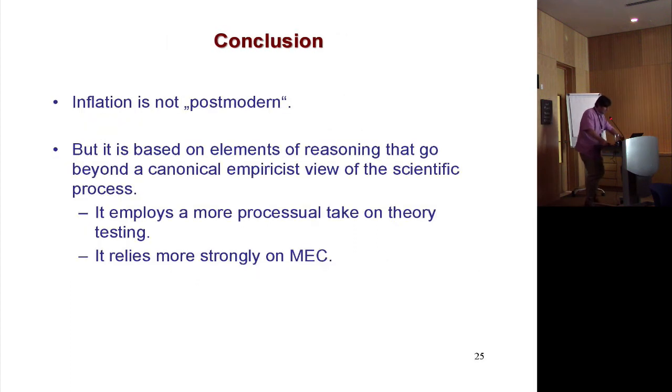So the conclusion is that if one takes postmodern in the sense of criticizing the theory, I think it's not an adequate criticism per se. I think that there is a methodology based on which one can assess the theory.